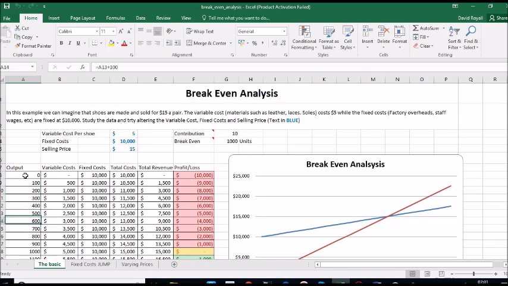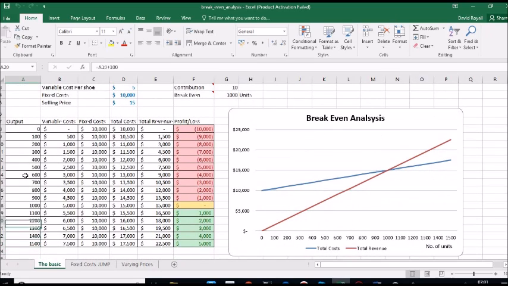So look down the first column. I'm making shoes in increments of 100. 0, 100, 200 and so on. And imagine I'm in a small little workshop and I can only make up to 1500 pairs of shoes in a given time period. That's quite normal, that manufacturers will have a limit to how much they can make.